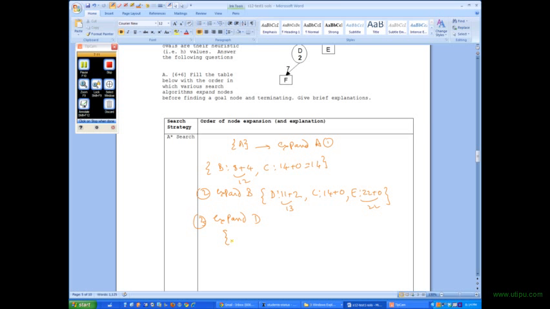So you have your queue. Now C comes to the front, 14 plus 0. F will have 18 plus 0. And E will still have 22 plus 0. Okay, so we are actually full of goal nodes, except the node that you pick will be the first one, the C. And then you expand C. Before expanding, you see it's a goal node.